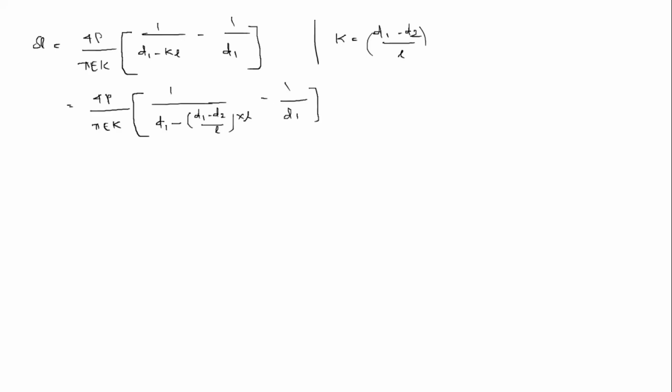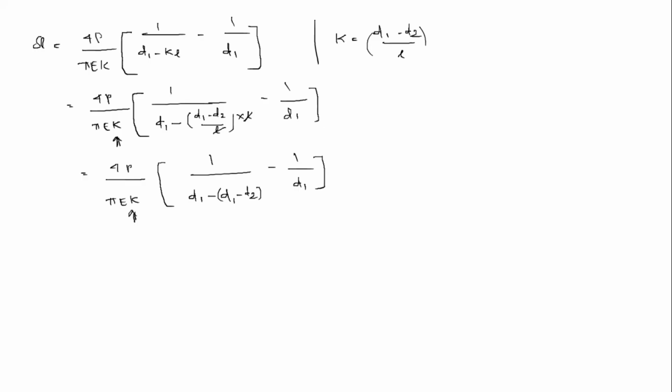So now the L's cancel. Now 4P divided by pi E k into, here also we have to apply k, 1 divided by (d1 minus of (d1 minus d2)) minus 1 by d1.